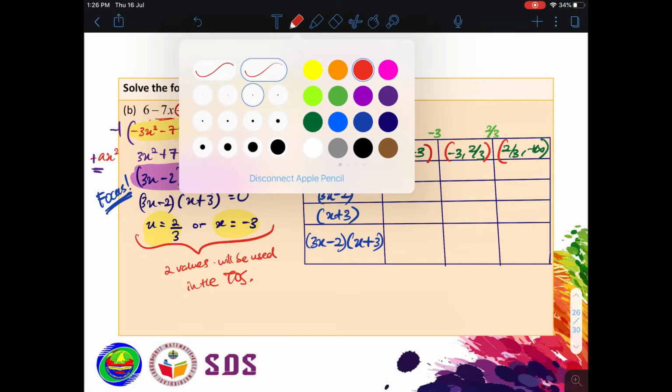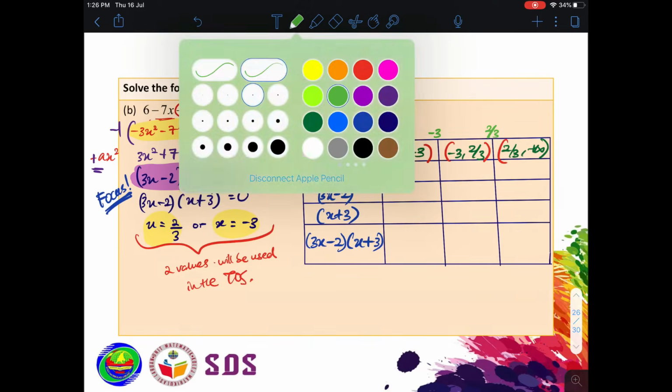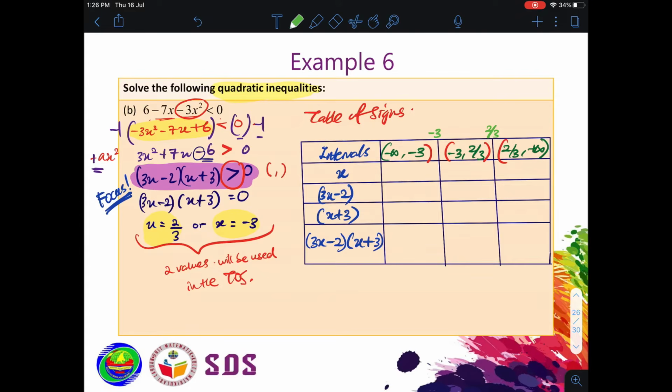So now we will choose a value of x in each range here. I will choose negative 4 for the first interval. For the second interval I will choose 0 because this is in between a negative number and a positive number. And the last one I will choose positive 2. Just any number within the range.